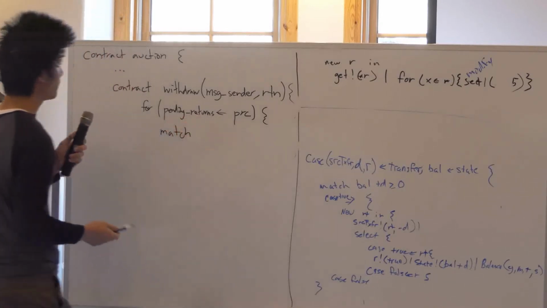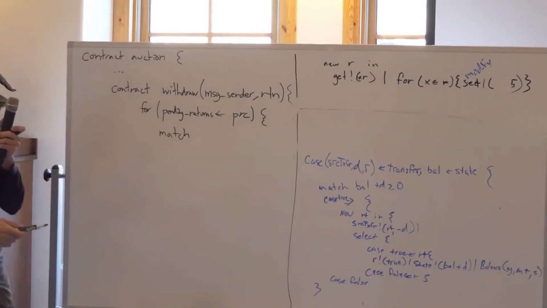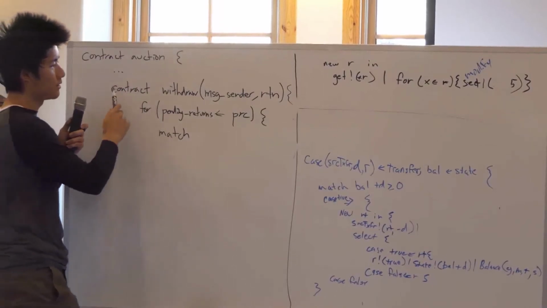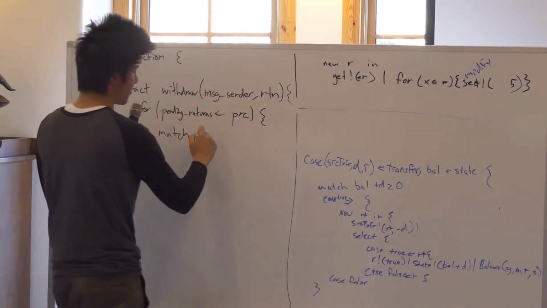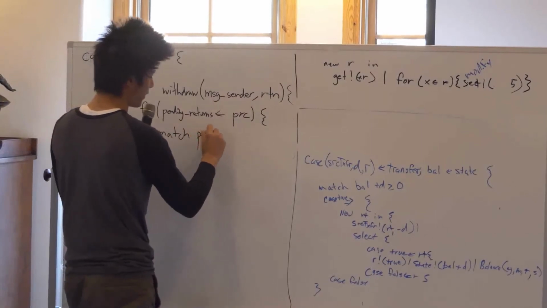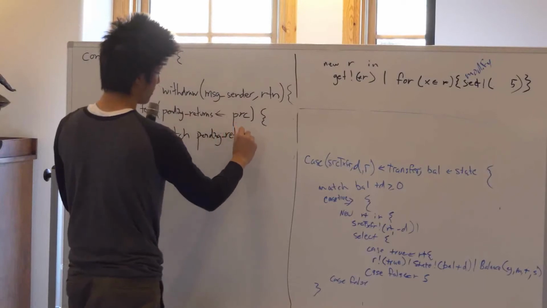So what I have here is a snippet from the auction contract. Essentially, we're just doing the withdraw function because it is sort of interesting right now.